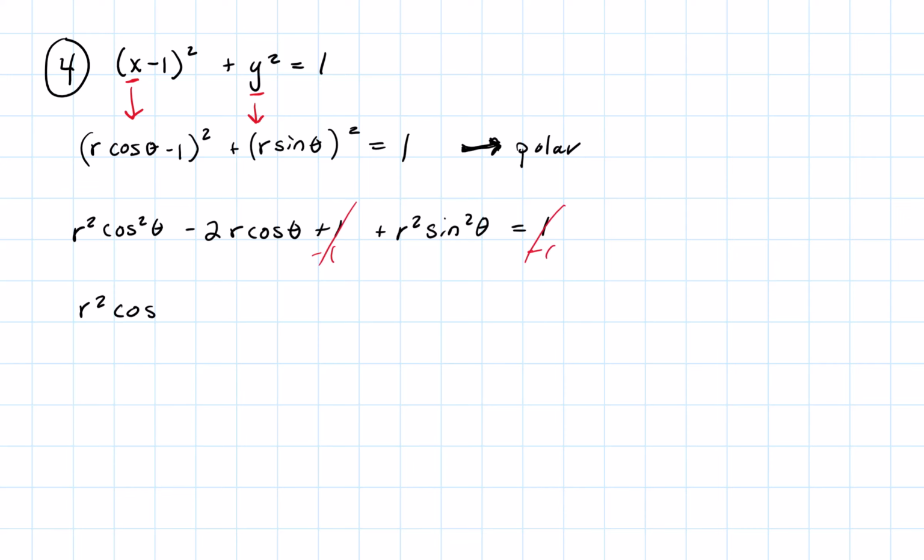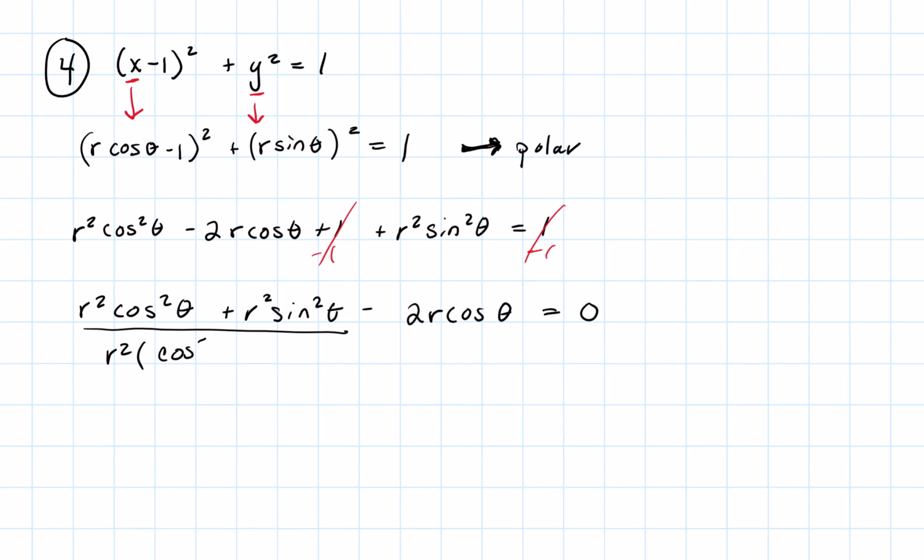I get r squared cosine squared of theta plus r squared sine squared of theta minus 2r cosine of theta equals 0 now. Now over here, when I factor out the r squared, I get cosine squared of theta plus sine squared of theta. And of course, that's just 1. So that becomes just r squared minus 2r cosine of theta equals 0.